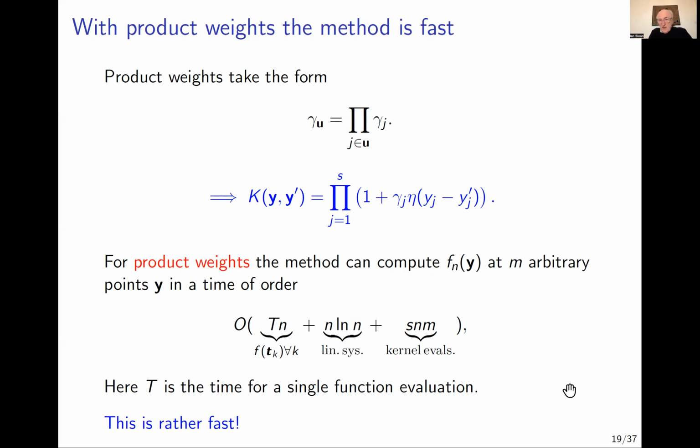To solve the linear system is of order n log n, and then to find the function at a particular point is S for the product, n for the number of lattice points, times m arbitrary points. So that's actually very fast, and linear in S and linear in n.